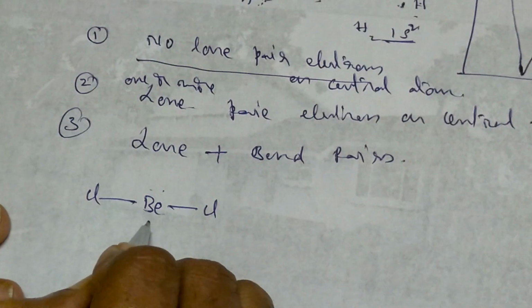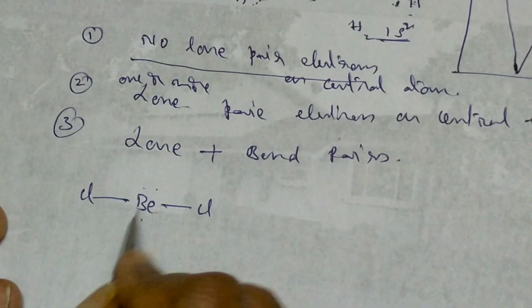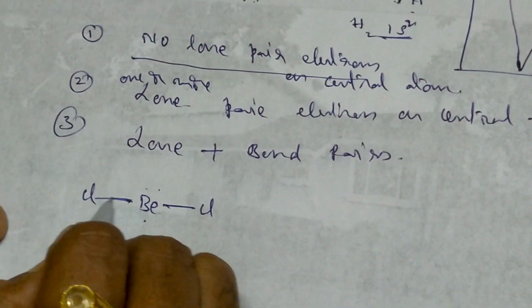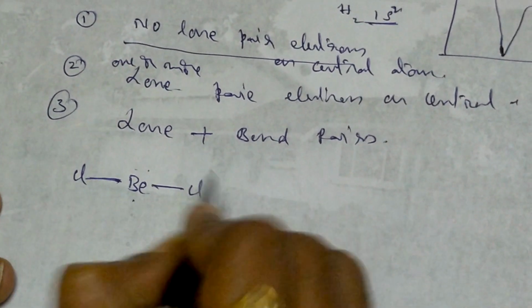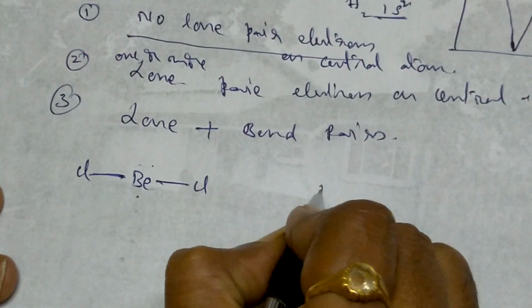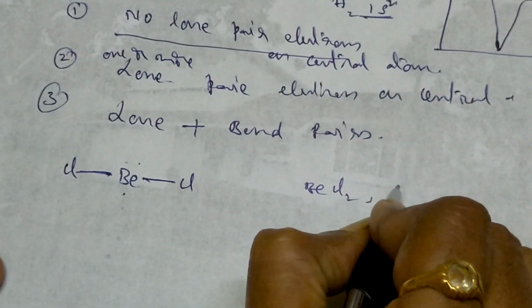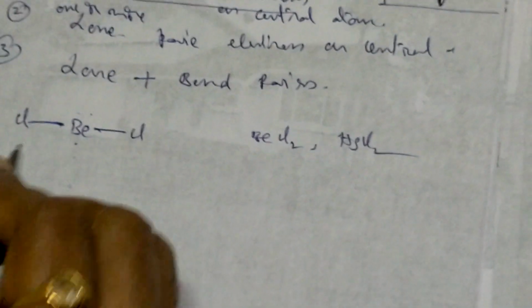Beryllium has atomic number 4, so only 2 electrons in the outer shell, 1s2 2s2, and one electron is shared with each chlorine. Chlorine has an octet, beryllium does not, but the molecule is linear. Similarly, mercury chloride or others of the beryllium chloride type. There are no deviations here.